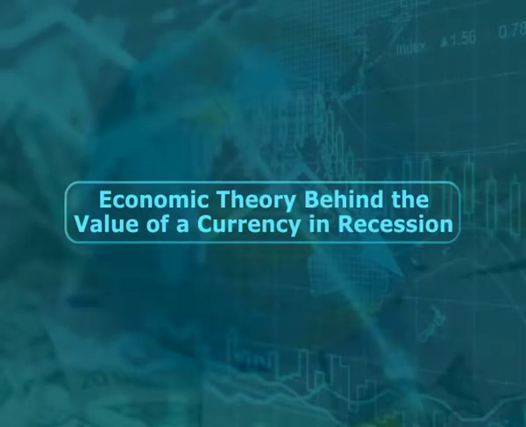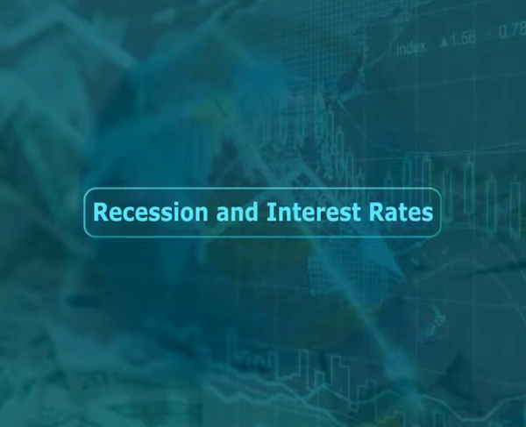Economic theory behind the value of a currency in a recession. Suppose one country, for example the UK, enters a deeper recession than all its other competitors. How might we expect the currency to behave? Recession and interest rates. If the UK enters a recession, then we would expect UK interest rates to fall compared to other countries.